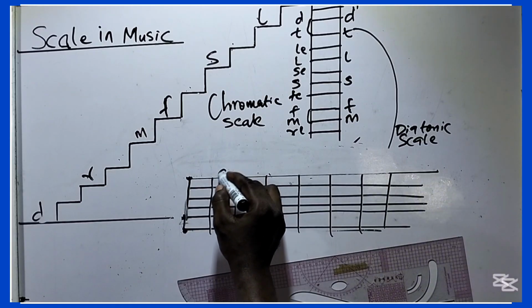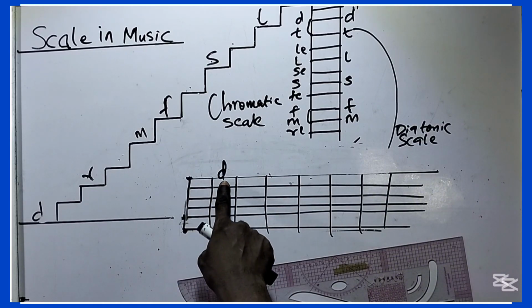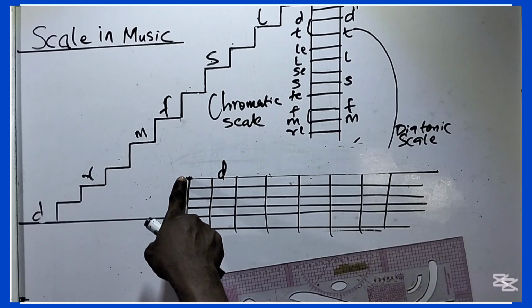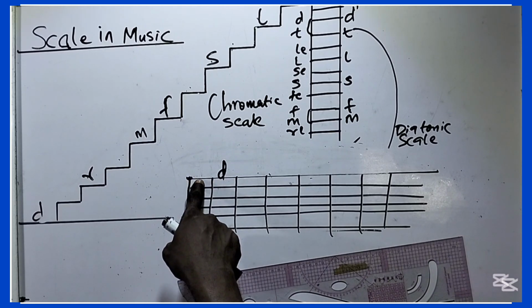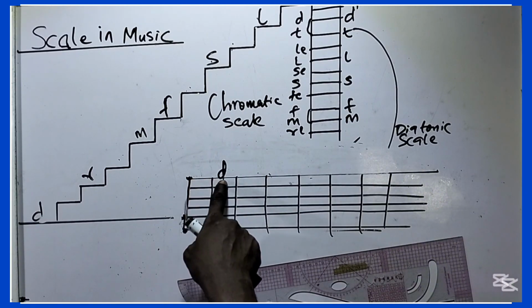If this Re now becomes Do, do you understand? If here is open string E, then if you press this one, this one will become F. Do you understand? In key naming F, and here will become what? F sharp.